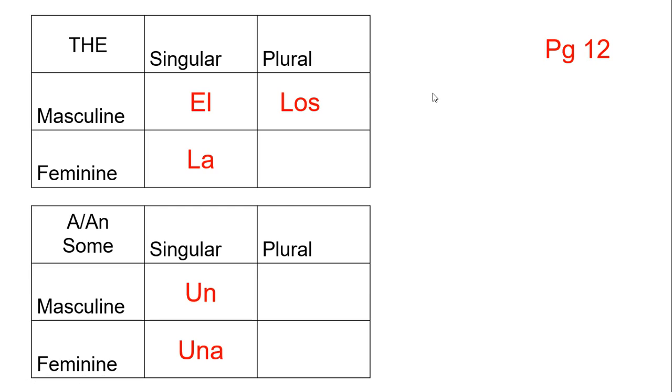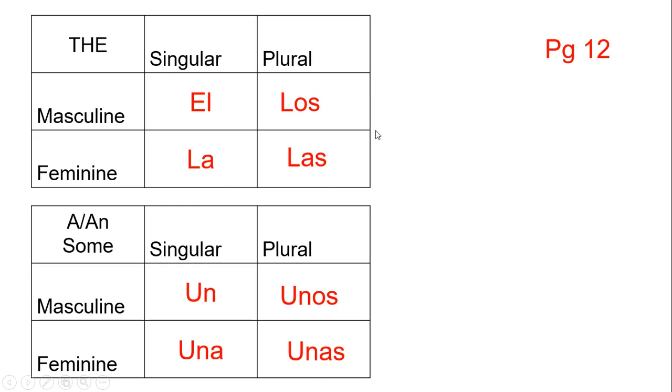The plural of la is las. You've seen these words attached to some of the nouns that we've had this year already. You probably guessed that they were the plural forms, and if not, now you know. The plural of un is unos, and the plural of una is unas. So fill those 4 words into the charts on page 12.